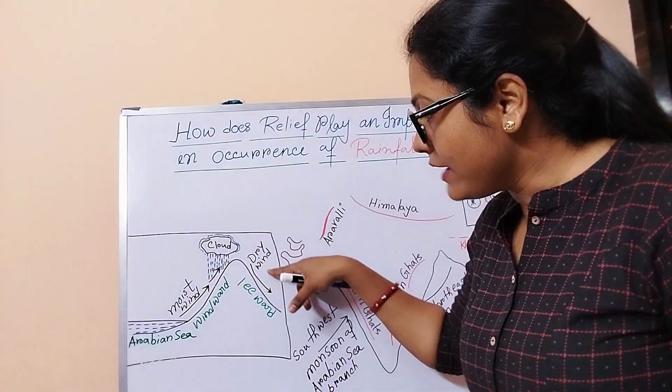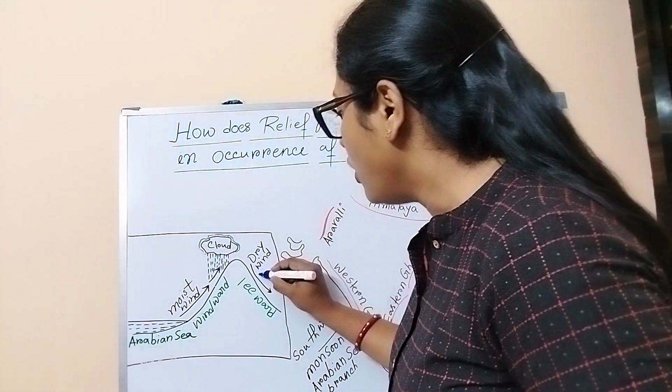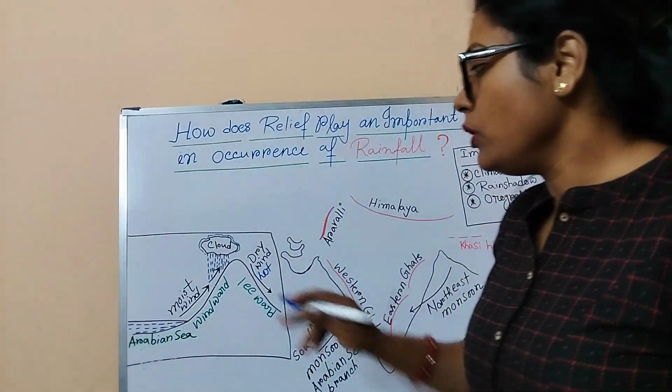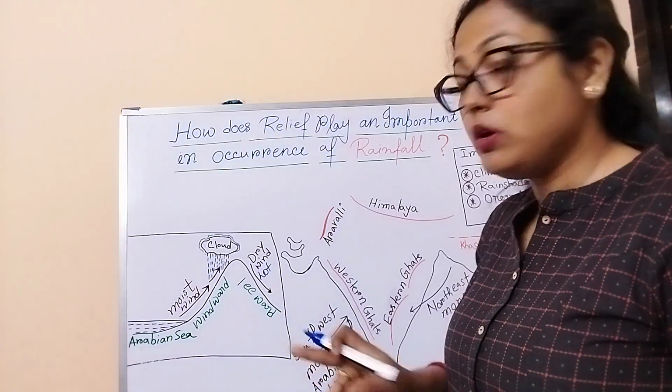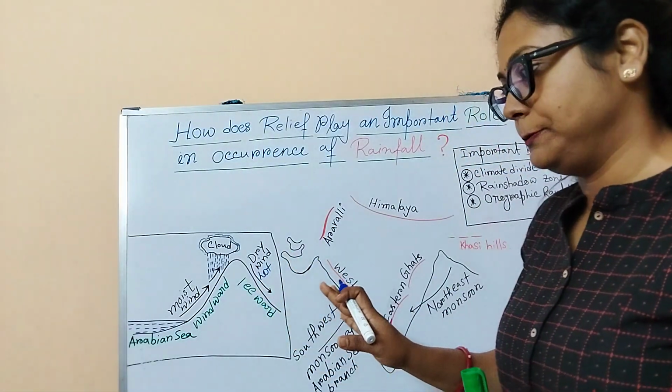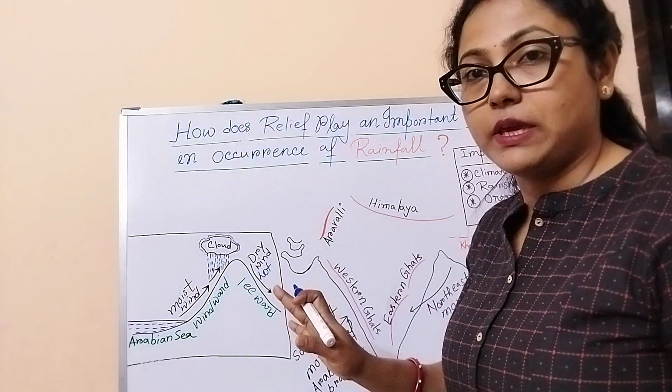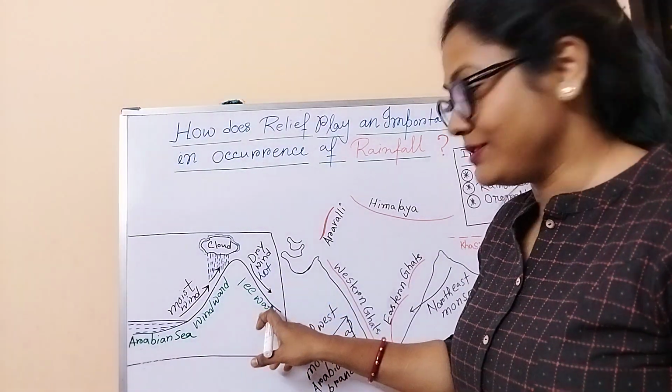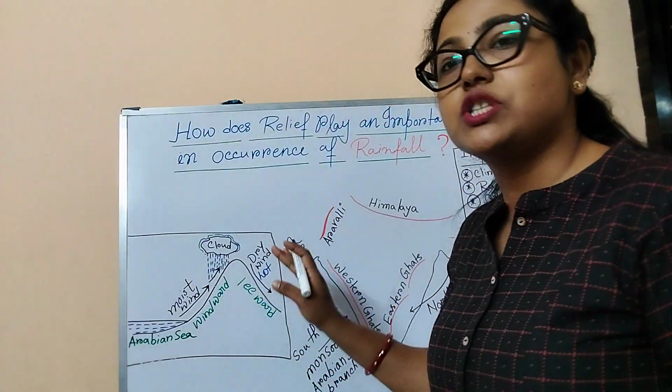Whenever dry wind descends, it becomes hot. So it's a hot and dry wind. So in the leeward area, no rainfall occurs. That's why it is called the rain shadow zone.